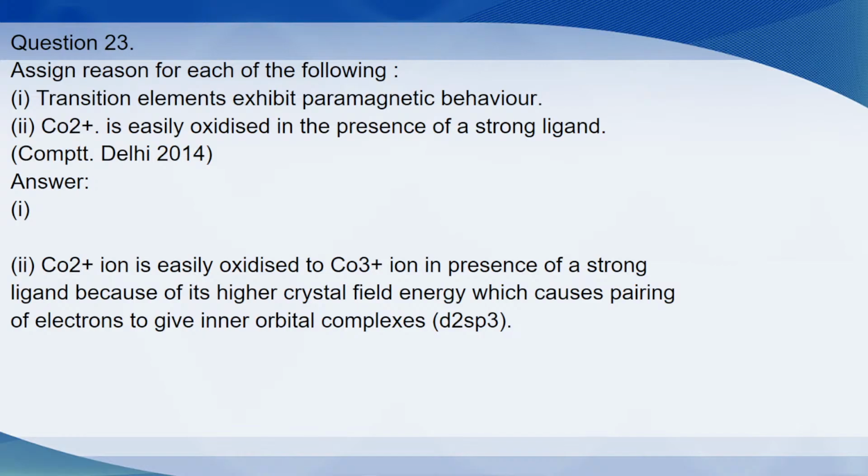Next, assign reason for each of the following. The first question we have covered in the previous lecture. Transition elements exhibit paramagnetic behavior. Tell me why. Yes, Pranay. What is the reason?